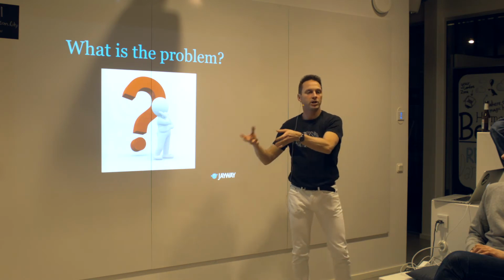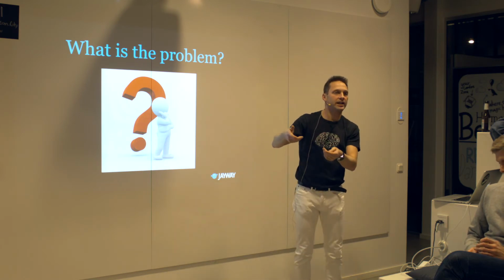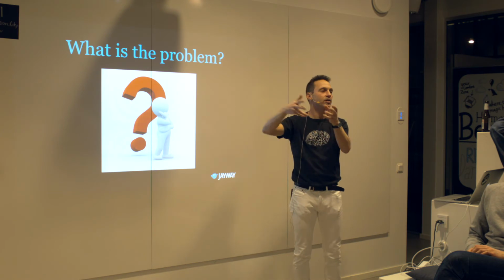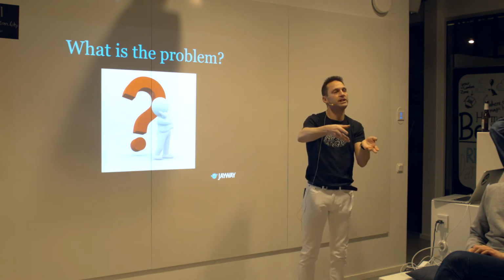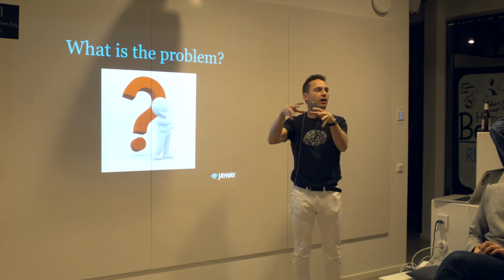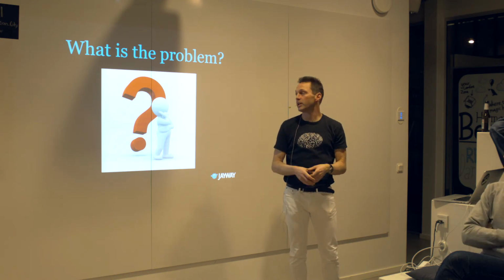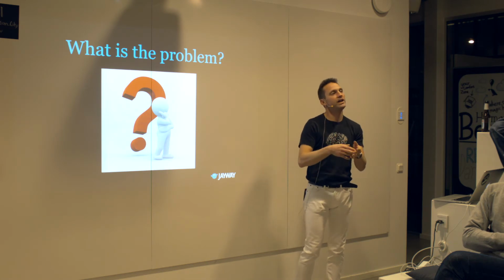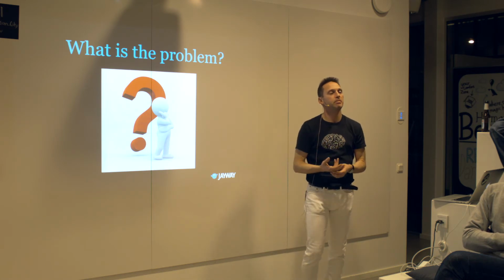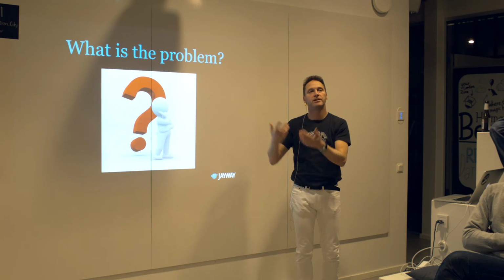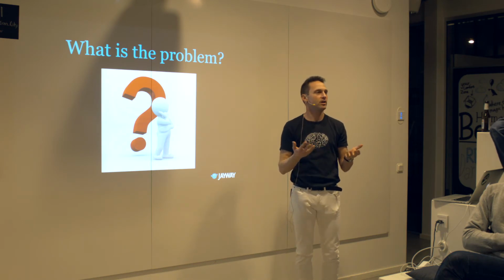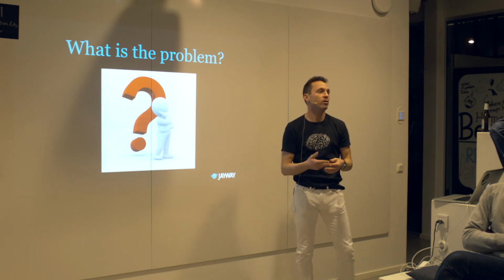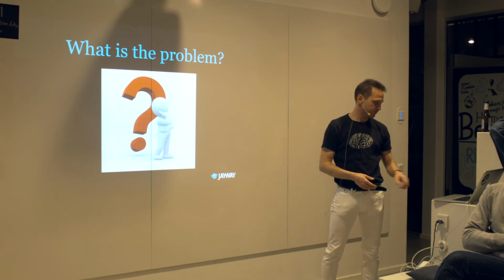Typically, if you're running a WordPress installation, you have an Nginx, a PHP, and a MySQL, and everything is running on the same machine. But with containers, you're encouraged to split things up, because then you can upgrade the versions on their own life cycle.